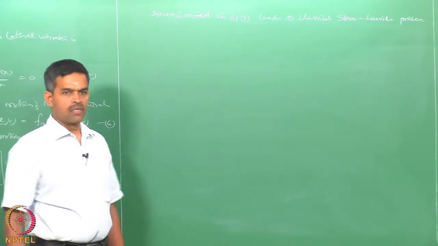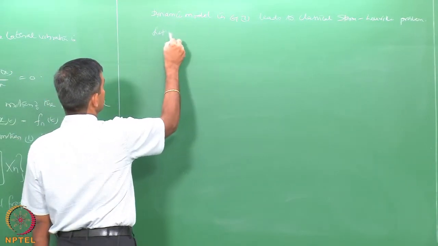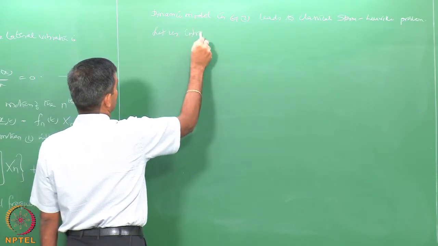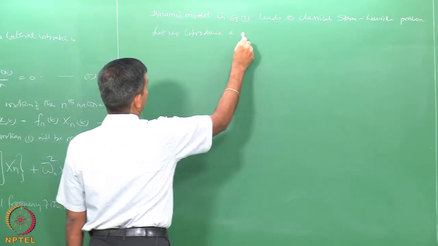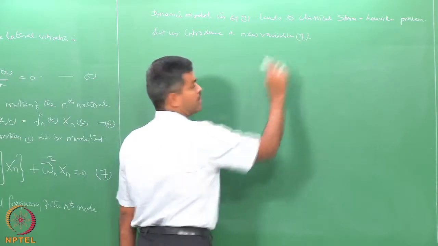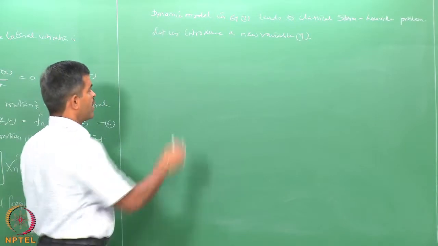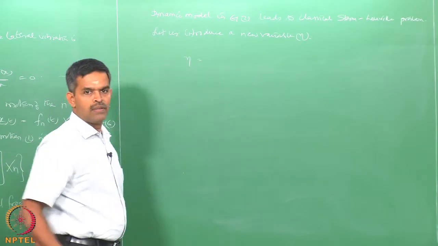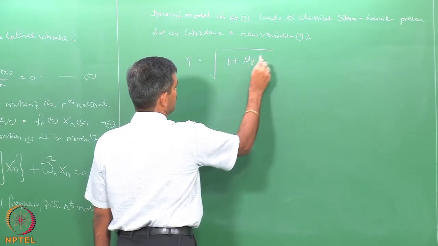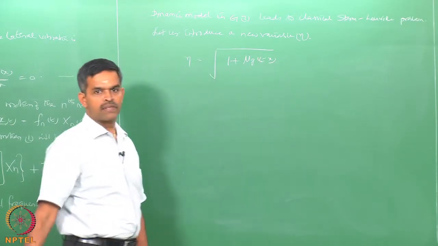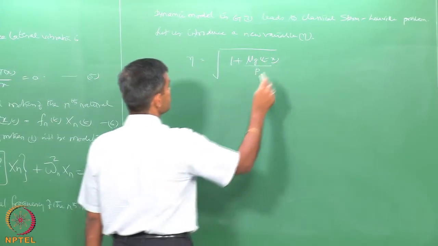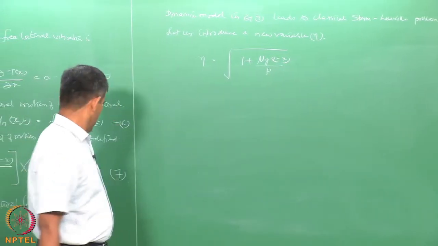So, to solve this, let us introduce a new variable eta, where eta is 1 plus mu g (L minus x) by P. Equation 8.